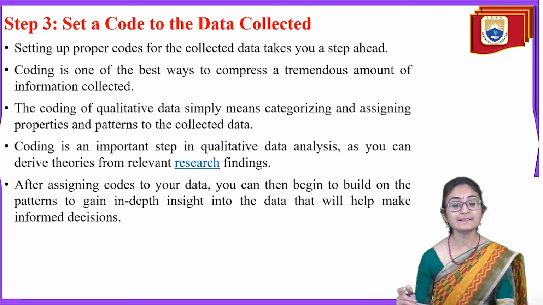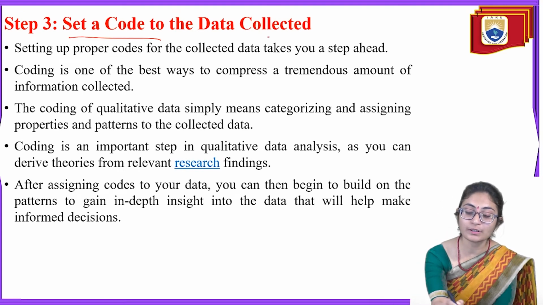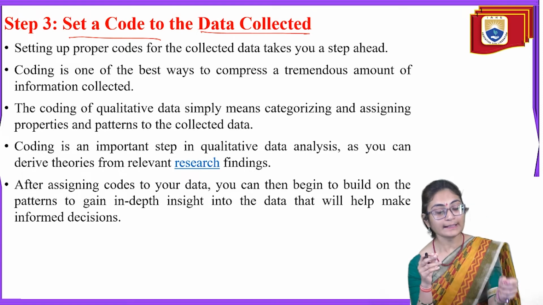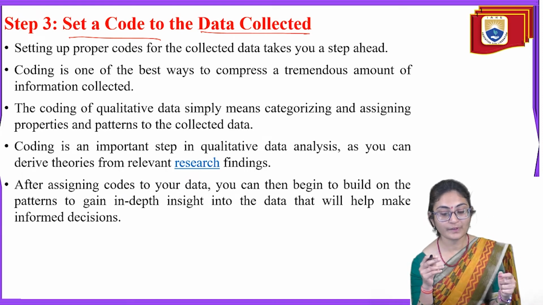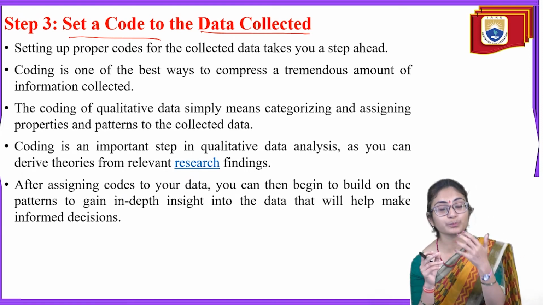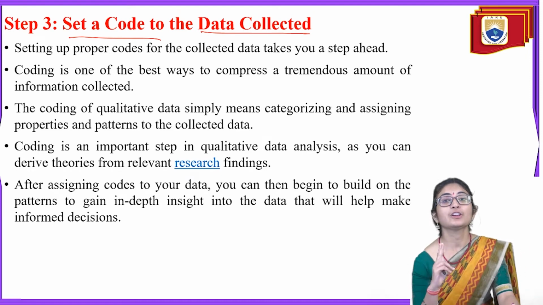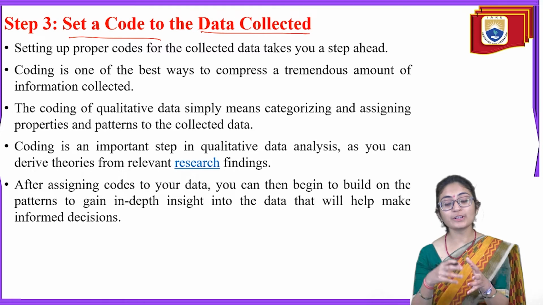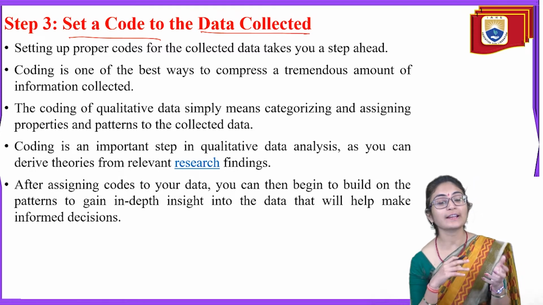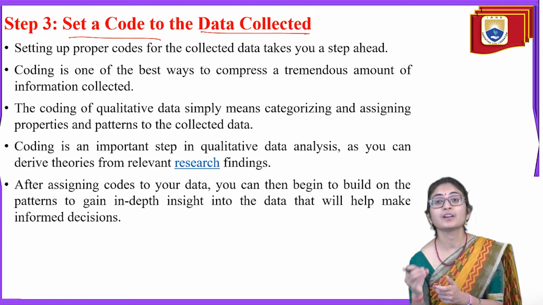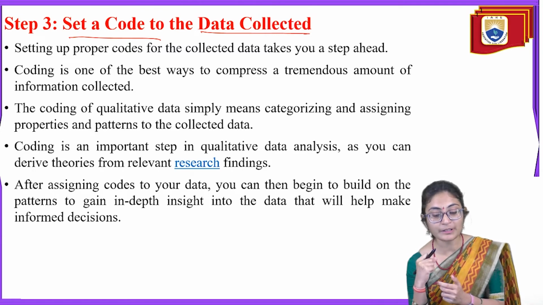Then the second one is set a code to the data collected. You have to set a proper code. If you do not set the data in proper code, then definitely you will not get the particular result, and you cannot reach a conclusion. Coding is one of the best ways of compressing the tremendous amount of information collected.